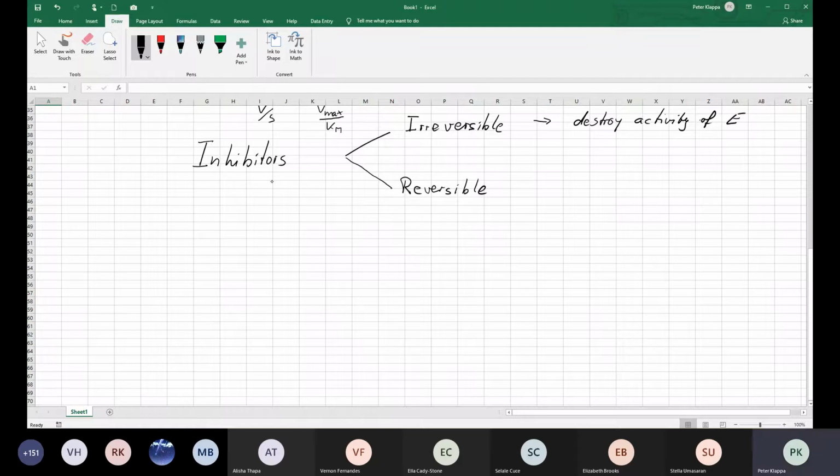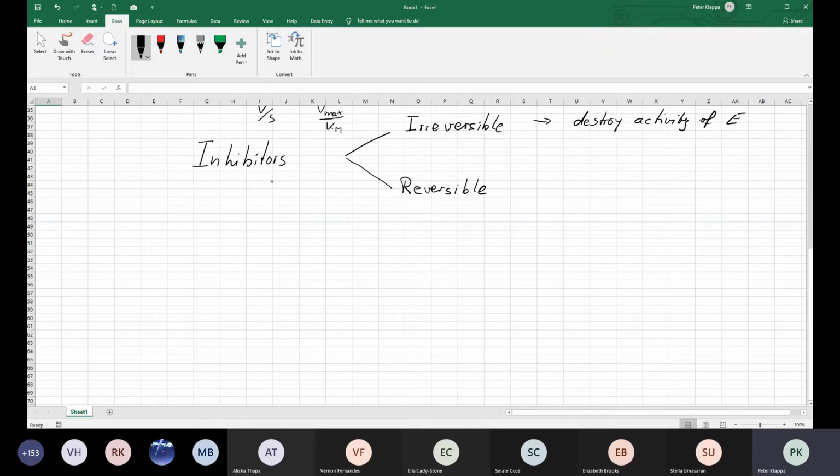Can you think of very simple irreversible inhibitors? Cyanide? Yeah, cyanide could be an irreversible inhibitor. High temperature, yes, absolutely. High temperature would be an irreversible inhibitor of enzymes. Or high pH.